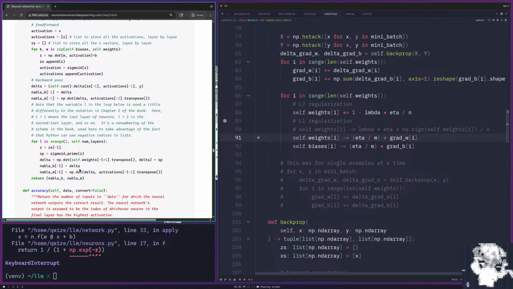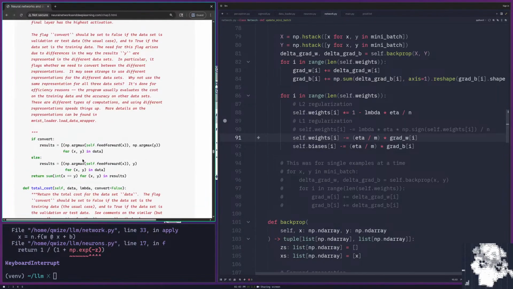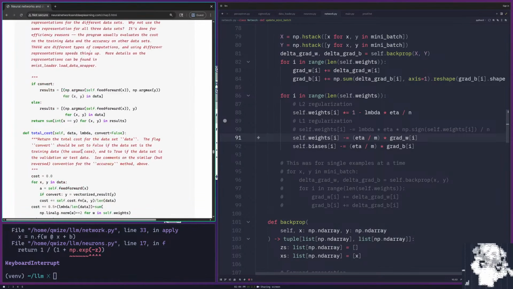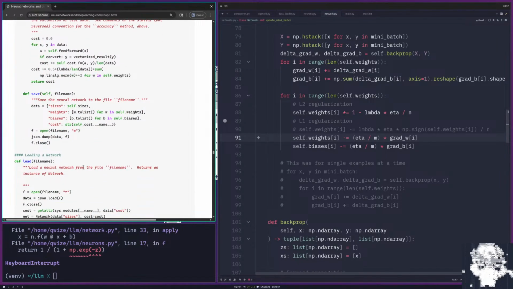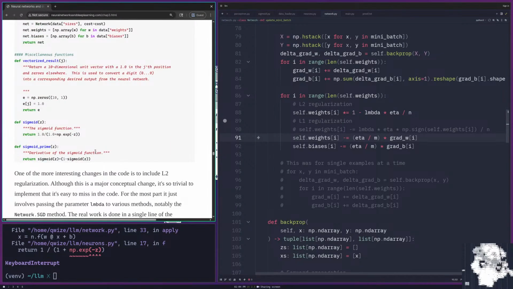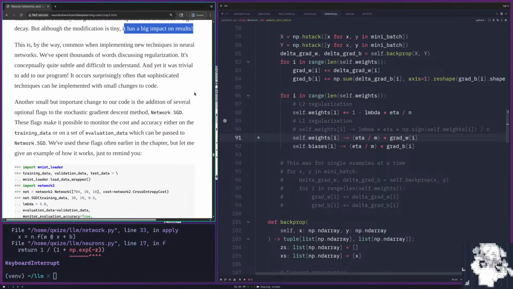I don't think this has been changed. This looks about the same. This doesn't really matter to us, saving and loading. I don't know why you'd need to do that. Maybe for really huge networks, it's helpful. One of the more interesting changes in the code is to include L2 regularization. It's so trivial to implement that it might be easy to miss, but yeah, we spotted it. Big impact on results, yes.